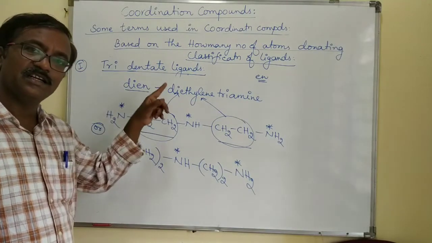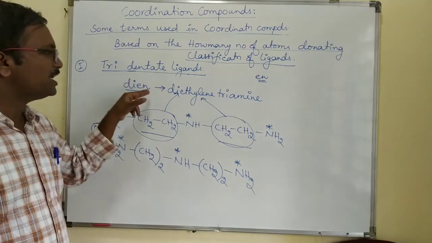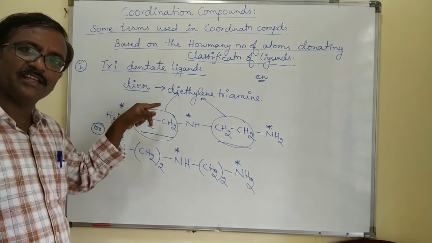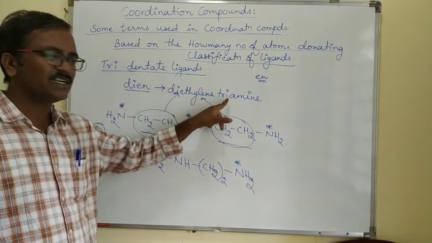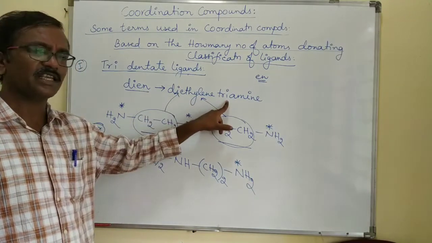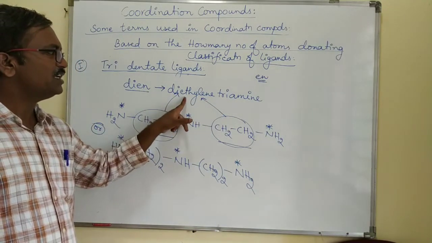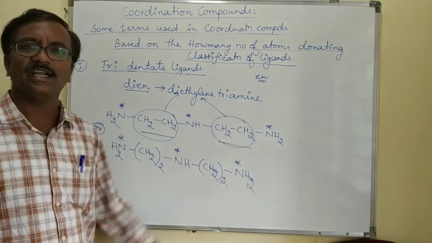Dien is the tridentate neutral ligand. You have to remember. So ethylene, if it is simple ethylene, it is a diamine.